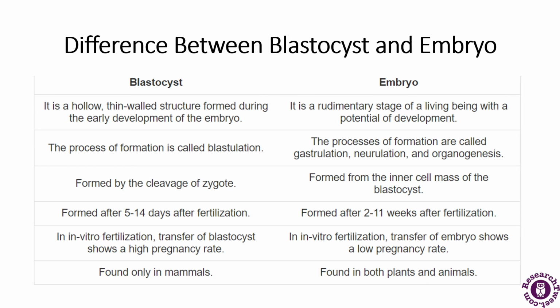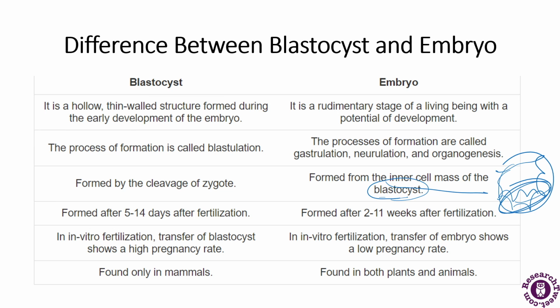The blastocyst is formed by the cleavage of the zygote, whereas the embryo is formed from part of the blastocyst, that is the inner cell mass of the blastocyst. So we have studied the blastocyst, and the inner cell mass is part of the blastocyst.